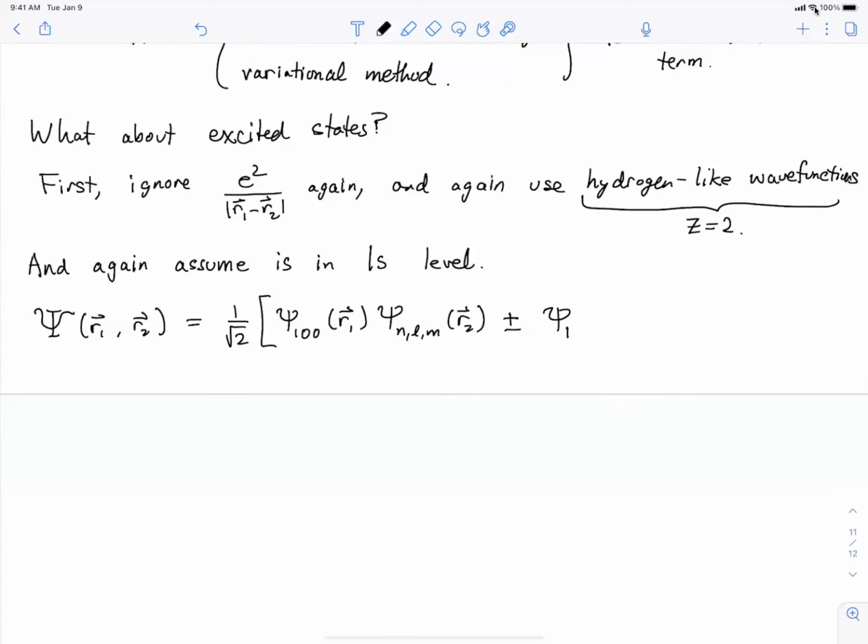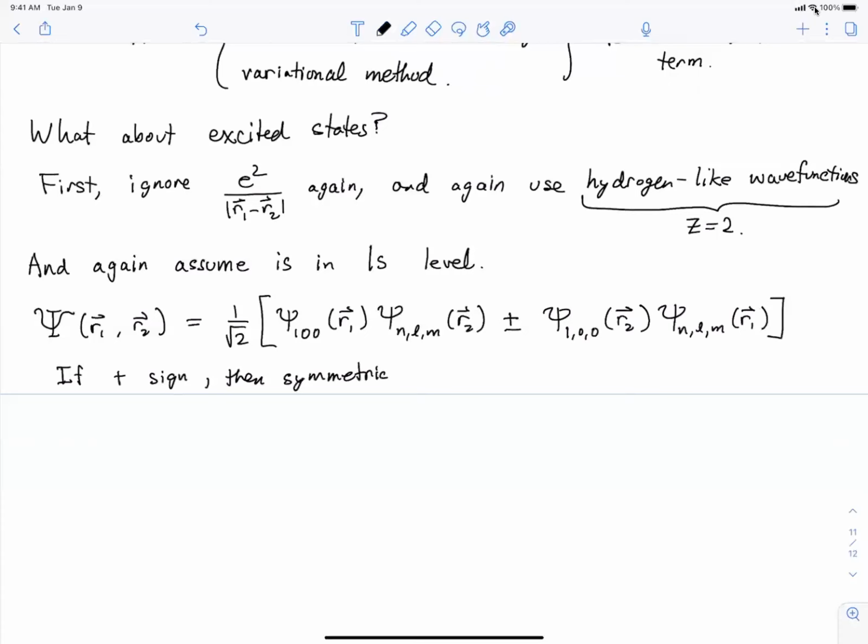So I'm going to write psi 1,0,0, but now as a function of r2, and psi n,l,m, but now as a function of r1. Okay, and if I choose the plus sign, then it's symmetric. Then that wave function is symmetric.